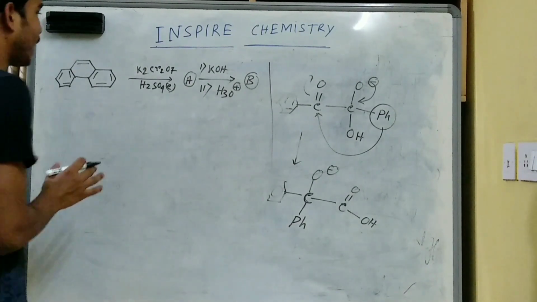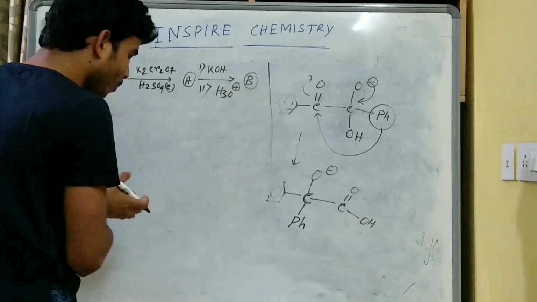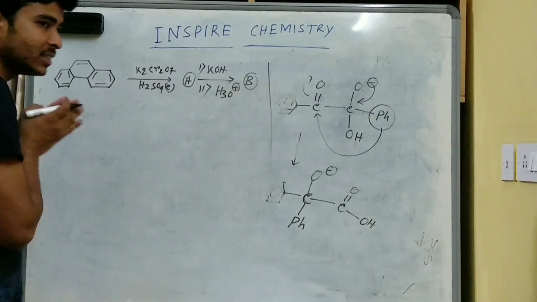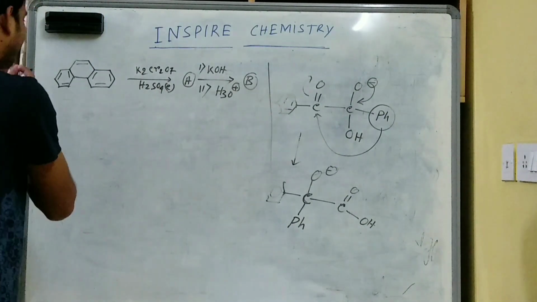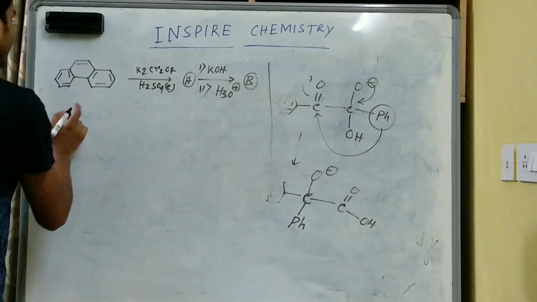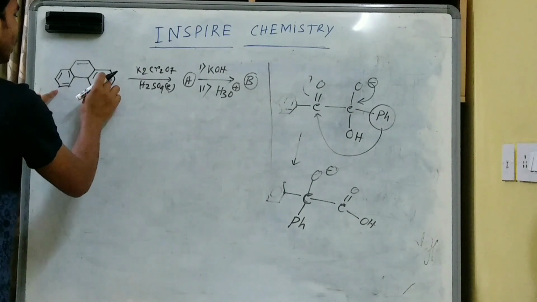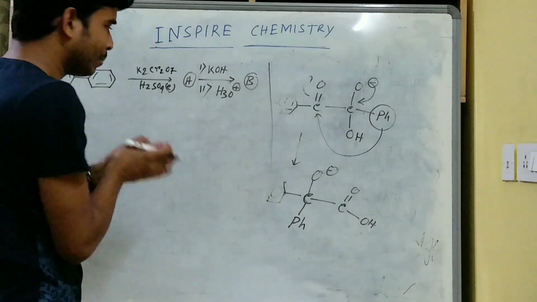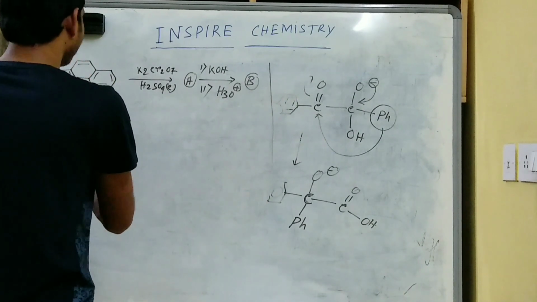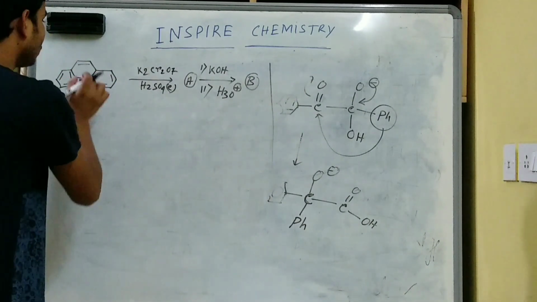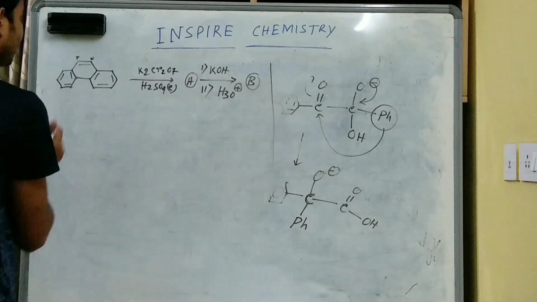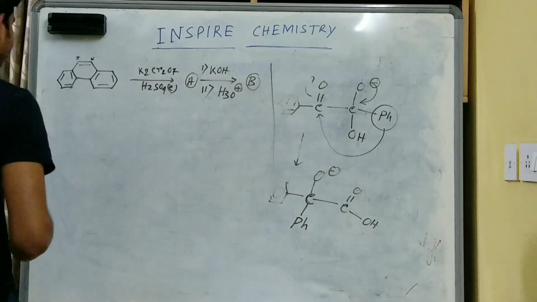We know that K2Cr2O7 in the presence of highly concentrated H2SO4 is a very strong oxidizing agent. So it will oxidize this double bond. The other double bonds are not oxidized, because these two benzene rings are very stable. So these two centers are very reactive in these cases. This is phenanthrene.